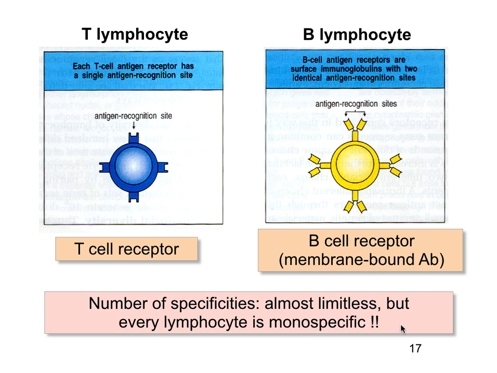The number of specificities is almost limitless. That means that every lymphocyte is monospecific. It means it can recognize one particular antigen that another lymphocyte cannot recognize. So if we have two blue cells here, for instance, then this one can recognize a bacterium, and this one can recognize a certain molecule that is expressed by fungi.